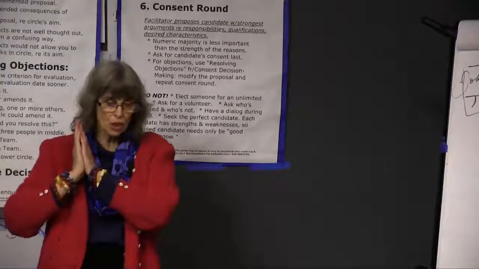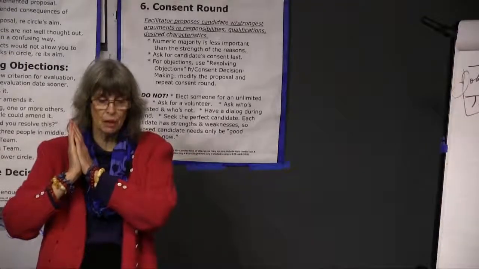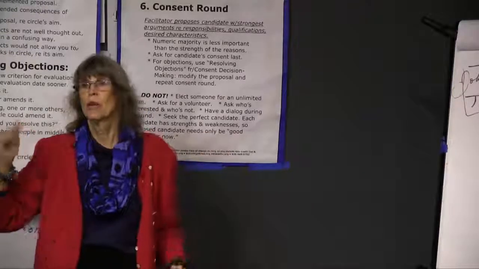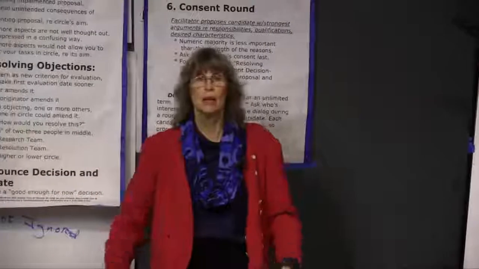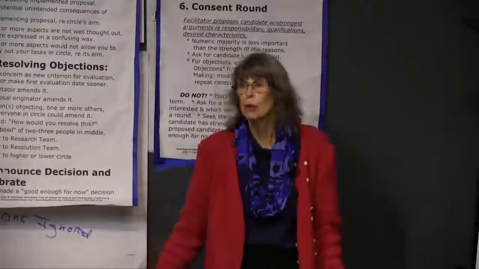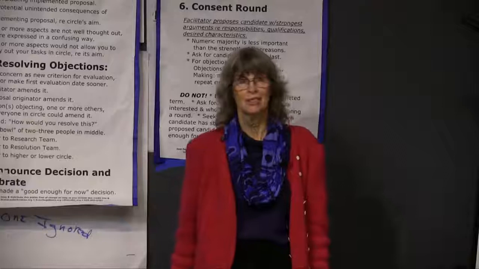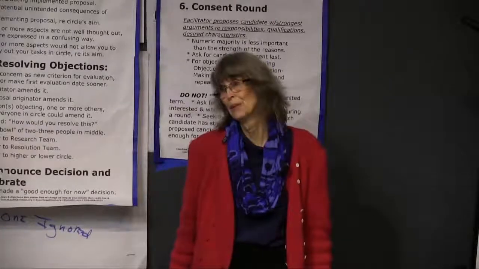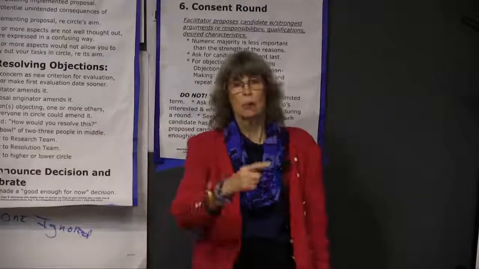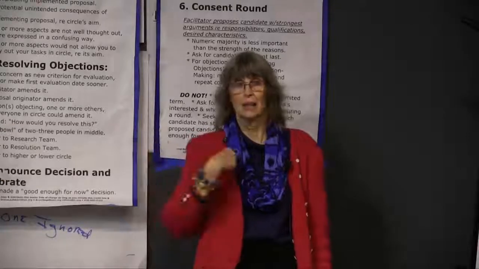And also they might change their mind because of something they thought of. So he's hearing all that. It might cause him to shift his viewpoint from I don't want to do it to, okay, I'll do it since you want me to. This does happen. So we ask him last in the circle.